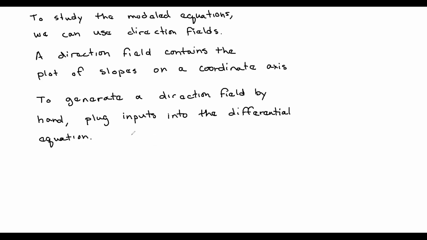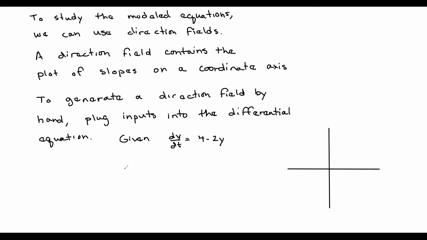For example, let's say we had dy/dt equals 4 minus 2y. This is a differential equation just like the previous ones that we've been looking at. What we can do is plug points into this and then graph those points on a coordinate axis. So let's throw a coordinate axis over here that we can use for plotting.